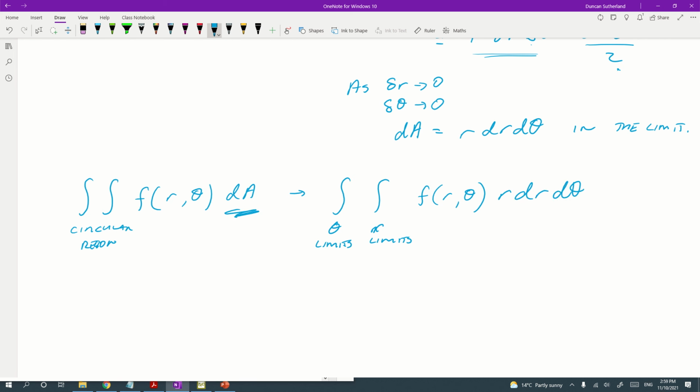Note that dA gets replaced with r dr d theta because that's our infinitesimal area limit in polar coordinates.